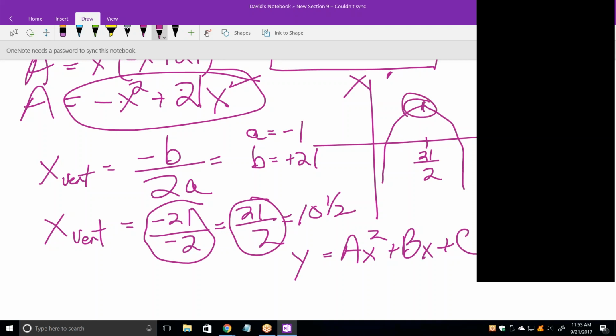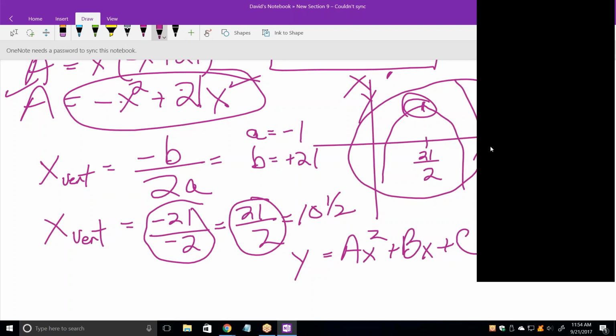And that equation is my area. In other words, what I'm looking at here is the area function, and I'm searching for where it produces a maximum y value. This is the y-axis here. This is the x-axis.